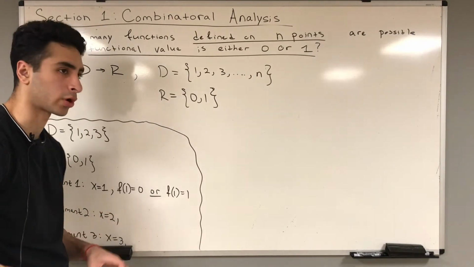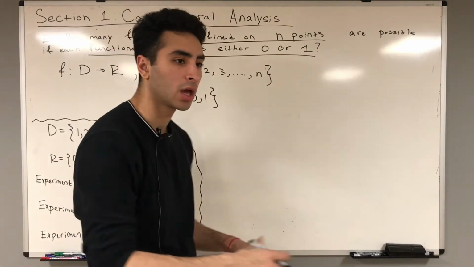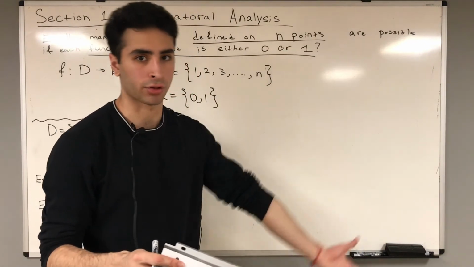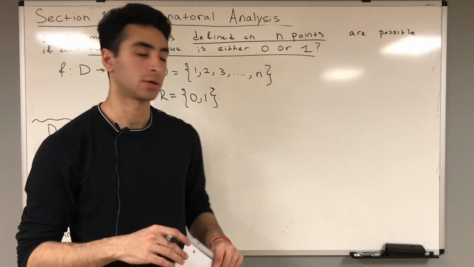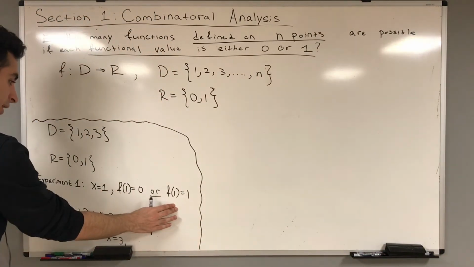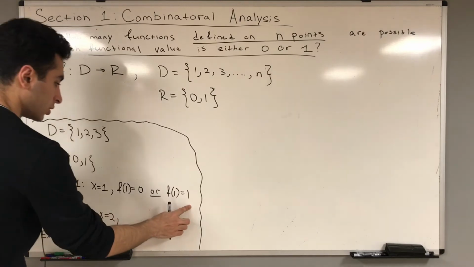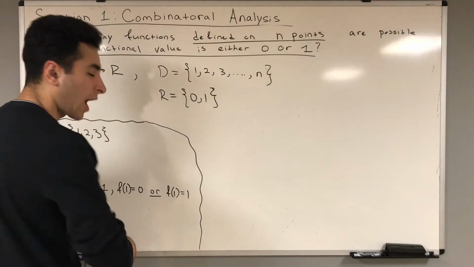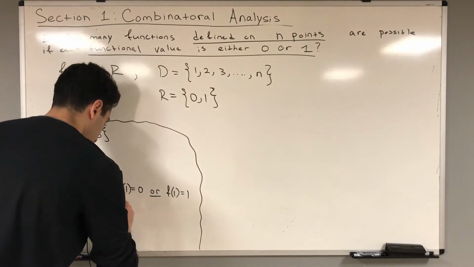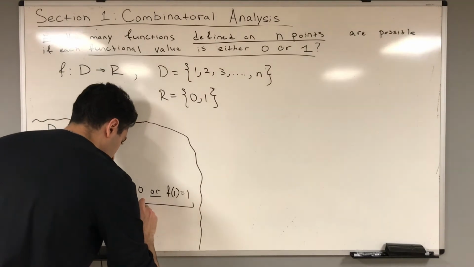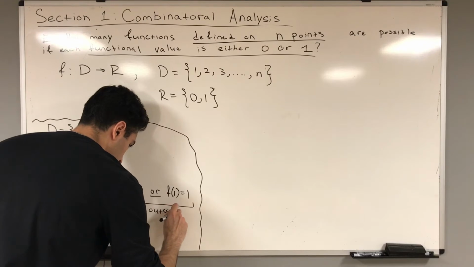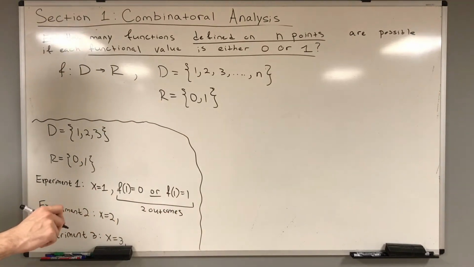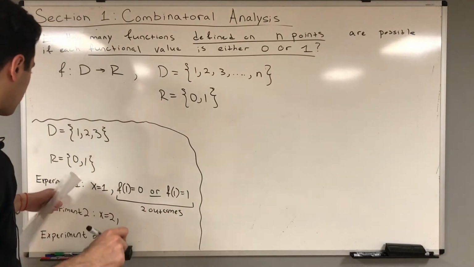The or is important. Just like when you roll a die, you can't get a 1 and a 3. You could get a 1 or a 3, right? So here you could get a 0 or a 1. That's just 2 outcomes. So you have 2 outcomes for experiment 1.